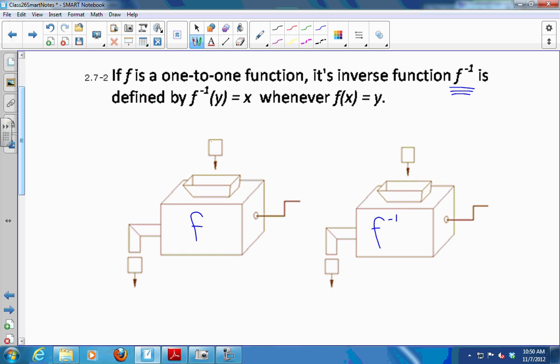In f, I could put in an x, and out comes a y. If I put that y into f inverse, out should come x. It just undoes whatever f did. So if f of x equals y, then f inverse of y equals x. You can see the exchange of input and output roles. Here my input was x, my output was y, and here my input is y, and my output is x.